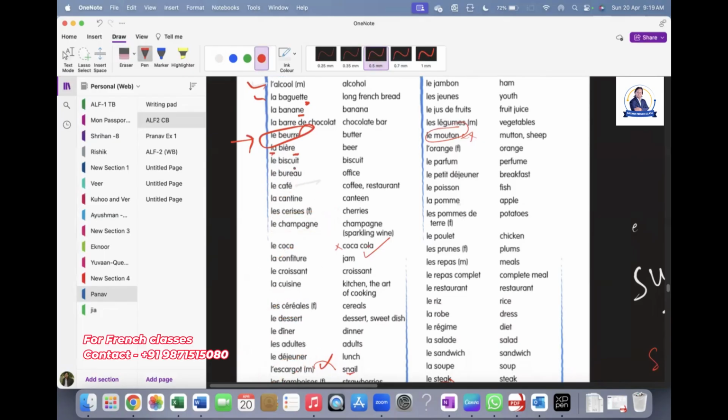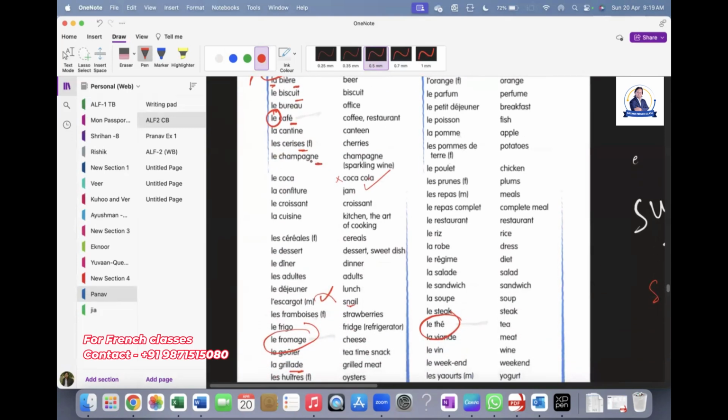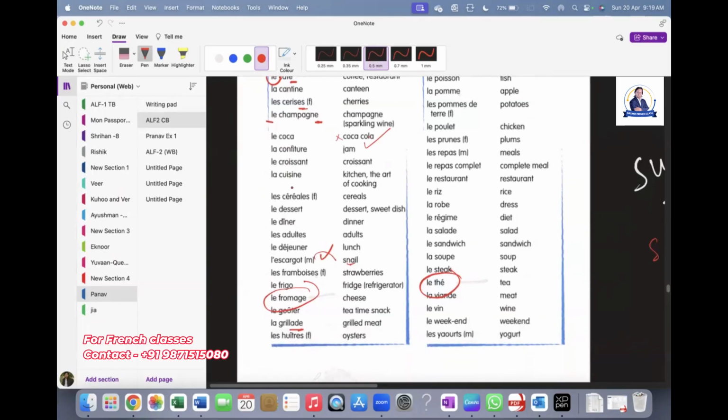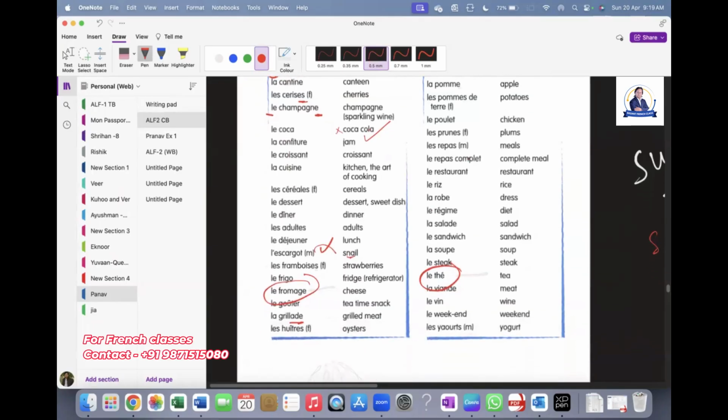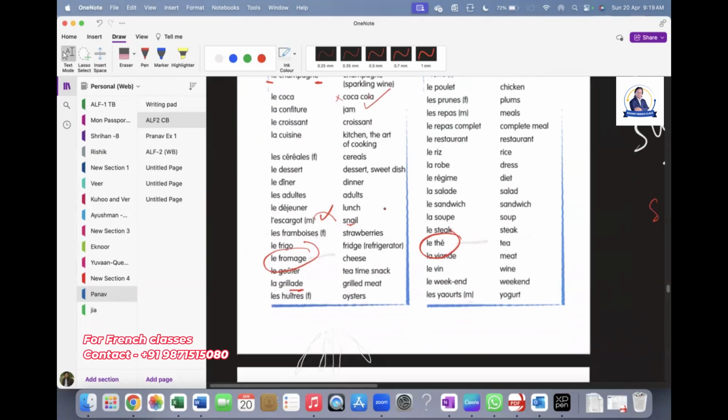Then le biscuit, no E coming. Café, E is coming at the end but it is masculine, right? Cerises, S is coming, it is plural. Champagne, we studied it's a kind of wine, right? These are very common food items that normally come into the exams, right?